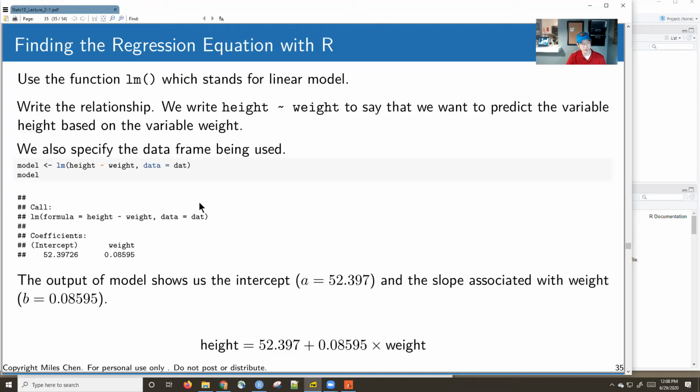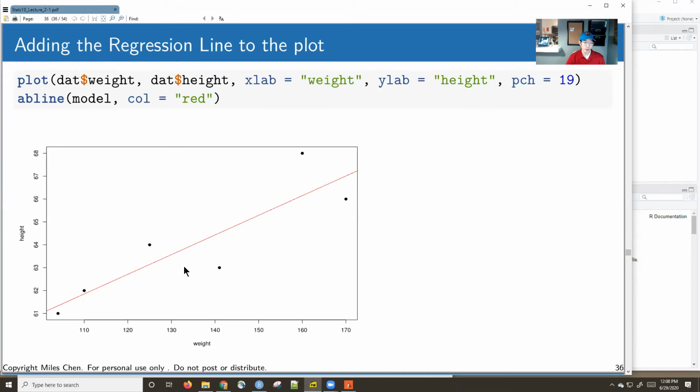And so it's very simple in R. You just type in LM and it outputs the results here. If you wanted to plot that line, you create the plot, and I think you guys know how to do this, right?